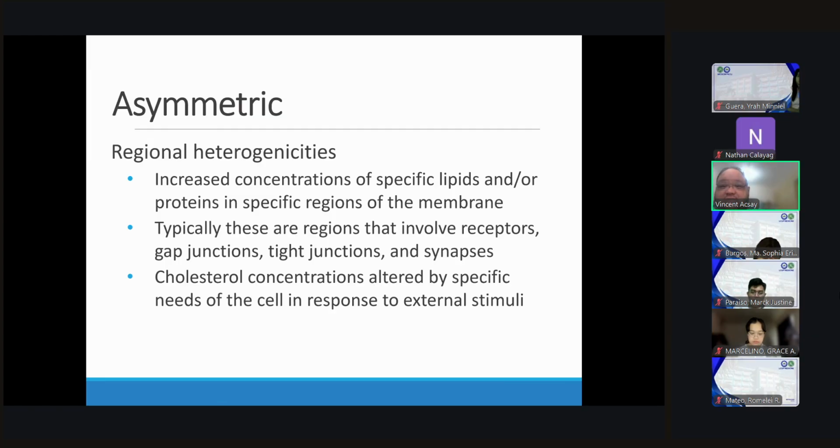So if that specific cell needs to produce, react to something, it can produce more receptors, hence making more receptors in a specific region of the cell. I will explain this a little bit later once we do a synthesis with the lipid bilayer.